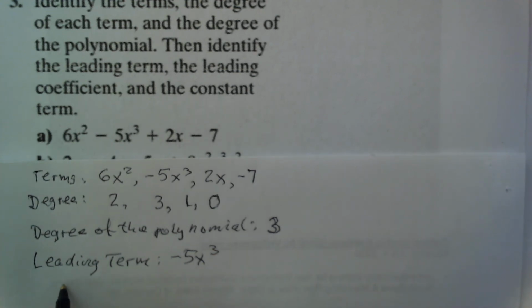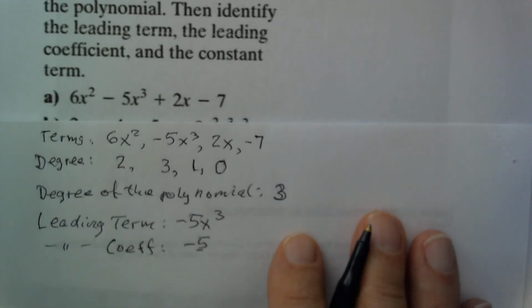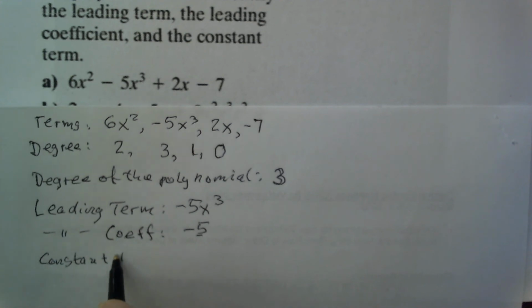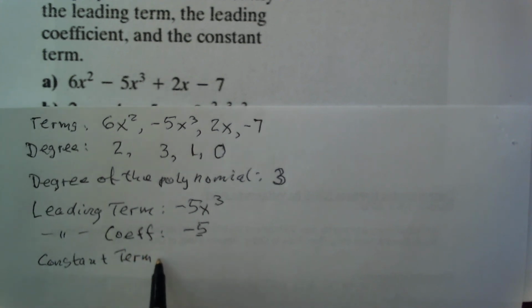The leading coefficient would be minus 5, and the constant term, of course, is minus 7.